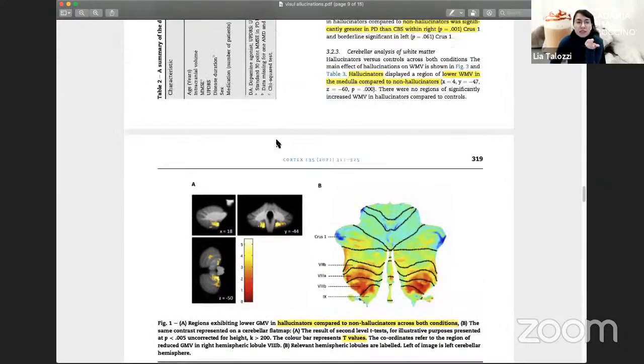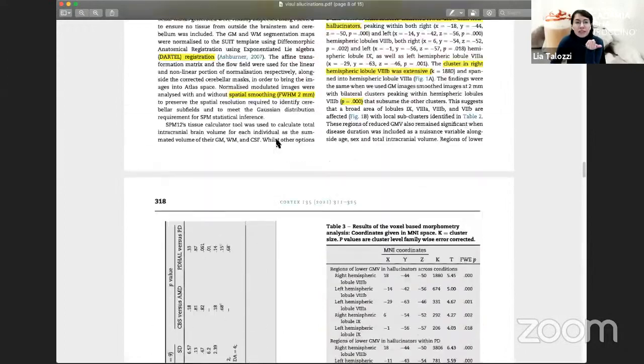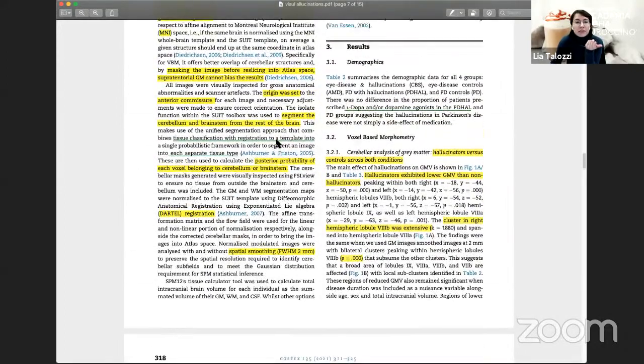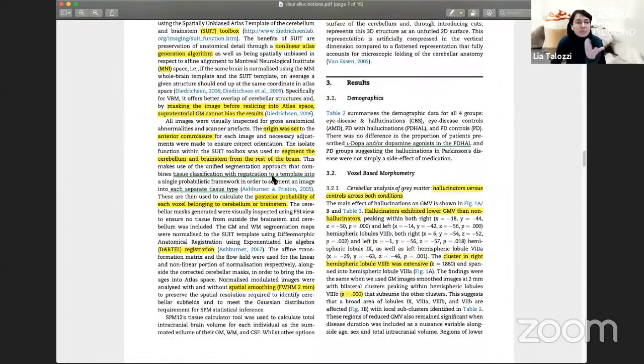Indeed, they chose these 2 different groups because there are solid, different hypotheses about the process behind what drives hallucinations.